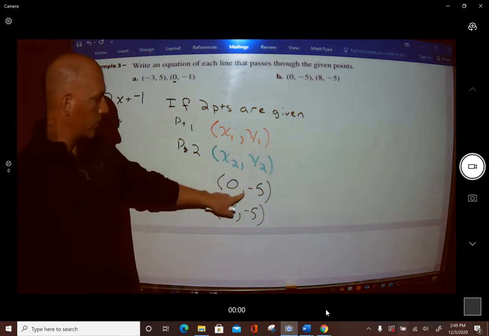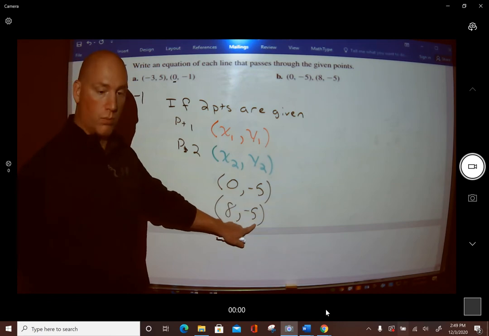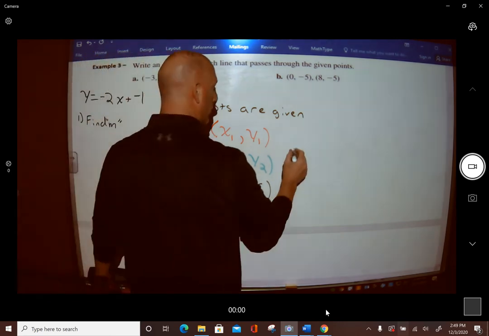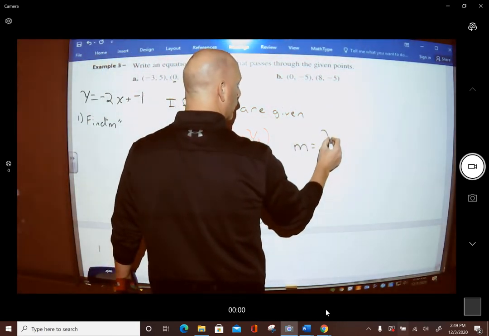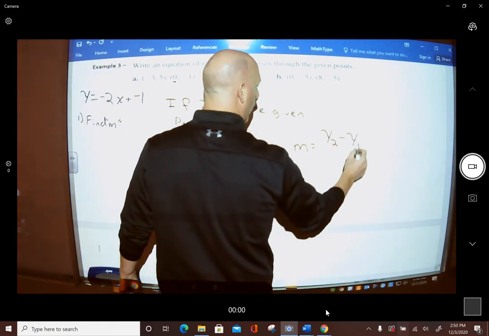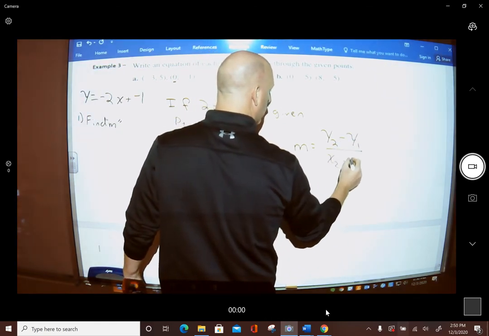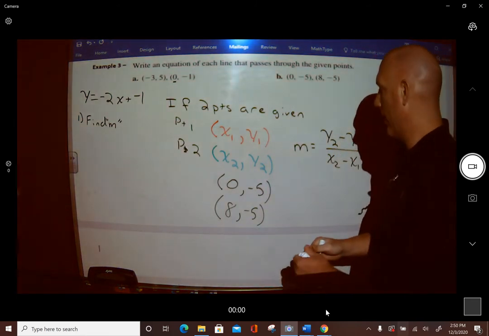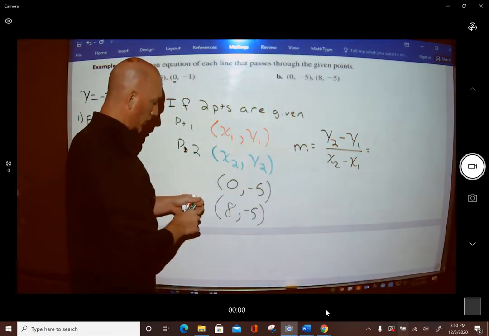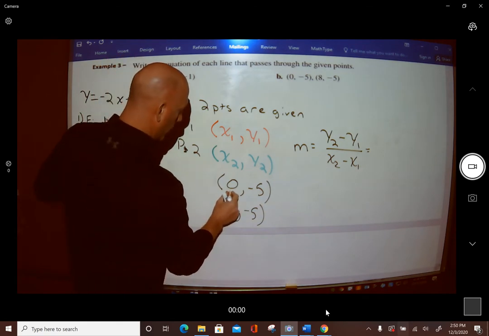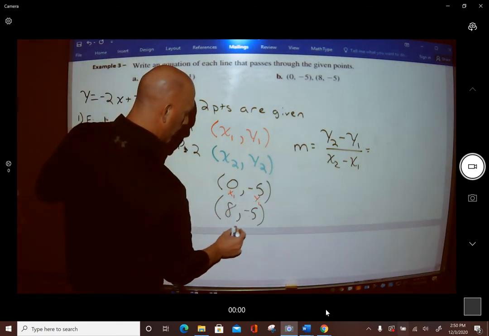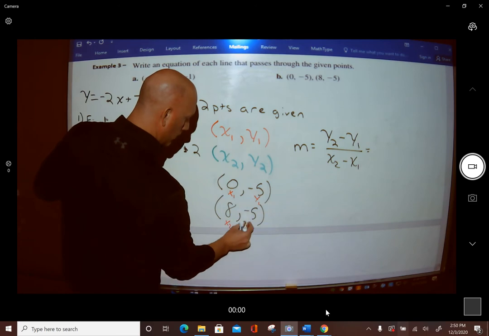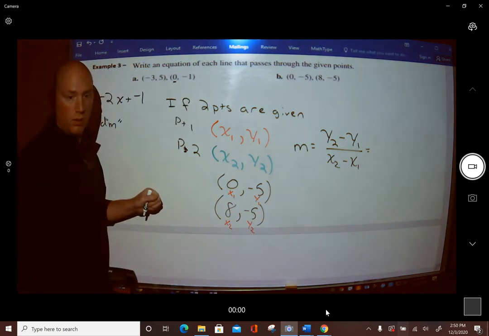So we have our x1, y1, x2, y2. The slope formula, m equals y2 minus y1 over x2 minus x1. So now we're just going to plug and go, and I'll write these underneath them just to make it a little bit easier. So this is x1, y1. This is x2, y2. Okay.